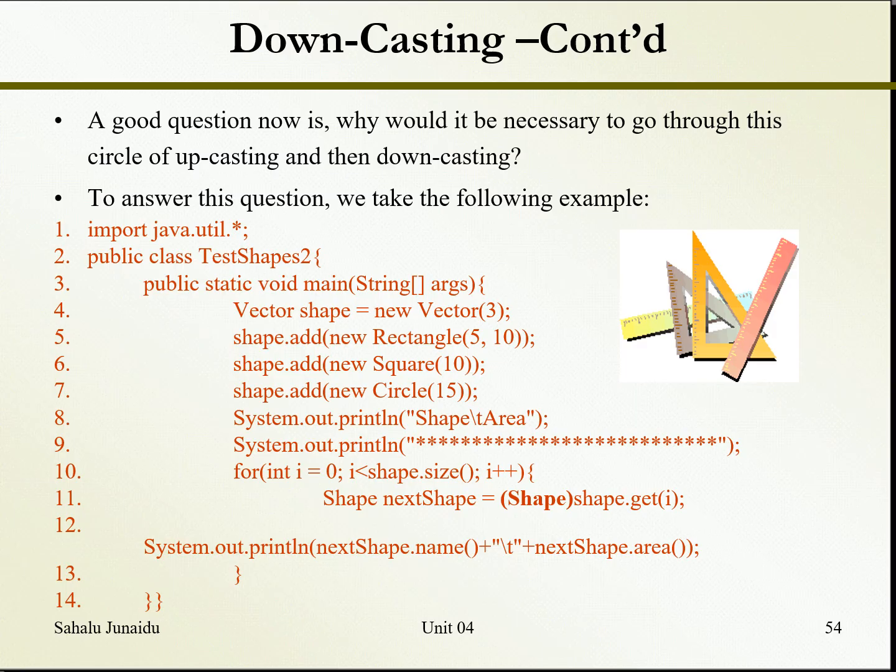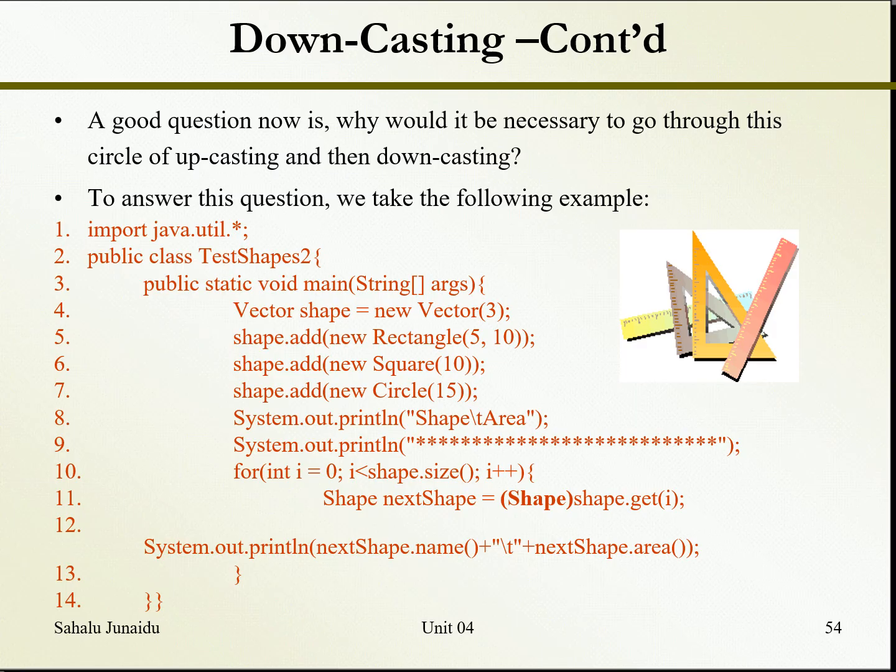So here we say shape.get(i). This shape.get(i) is now of type what? A shape, but the shape is converted to what? A vector. So the shape is of type vector. If shape is of type vector, can we assign it to another object that is of type shape?